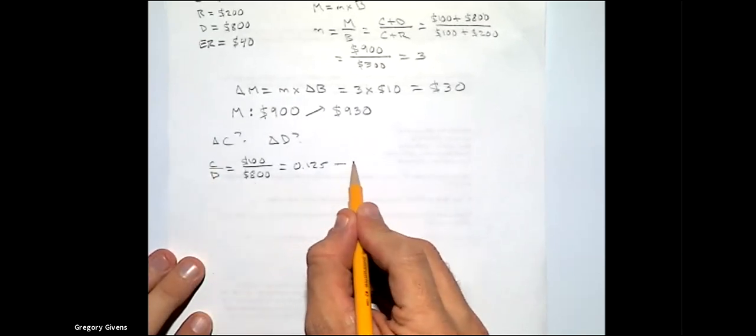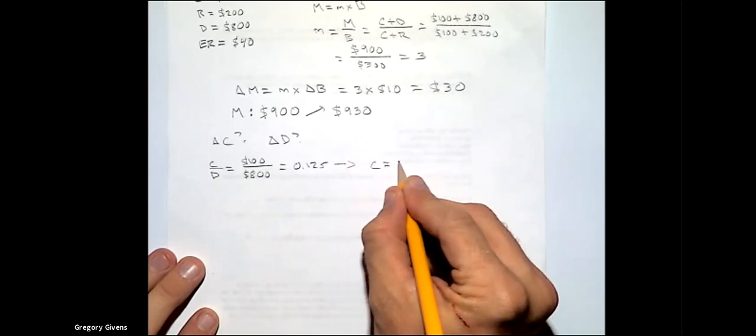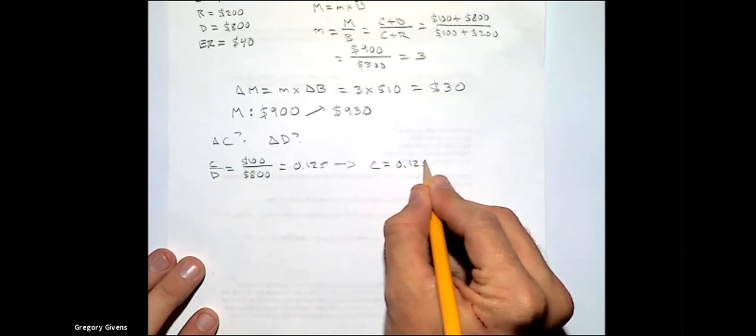It's not a great assumption given what we saw in the data, but to work this problem, we can assume that it's constant. Why does that help us? If the currency to deposit ratio is equal to 0.125, then that means currency is equal to 0.125 times checkable deposits.